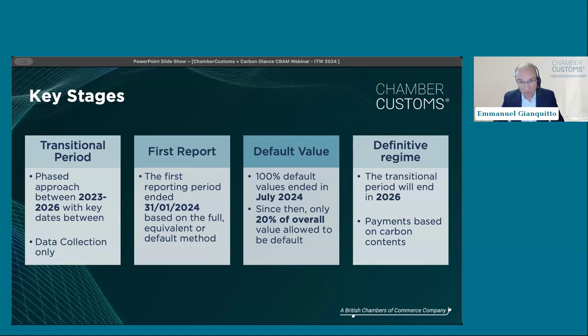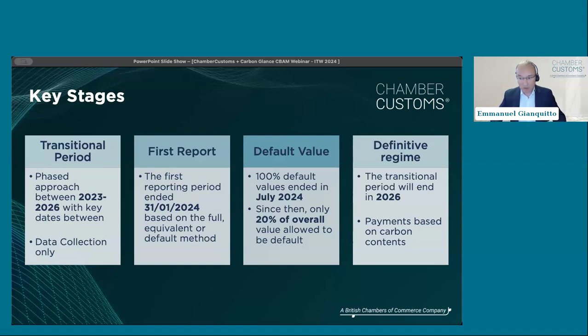So the first reporting period ended in January this year, and on a quarterly basis, importers have to continue reporting on their imports. What happened then in July 2024 is that we could no longer use default values. There's a lot of talk about default values. What those are basically are values that can be declared in the absence of real measurements, in the absence of real calculations.